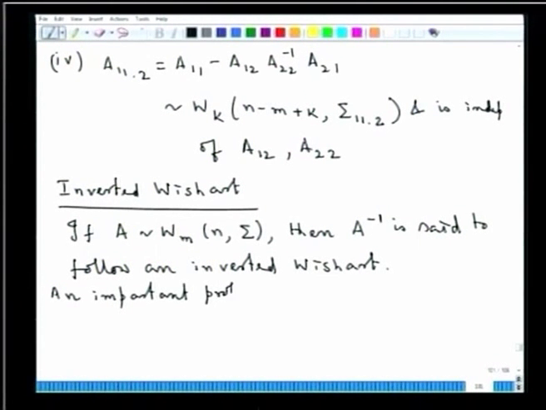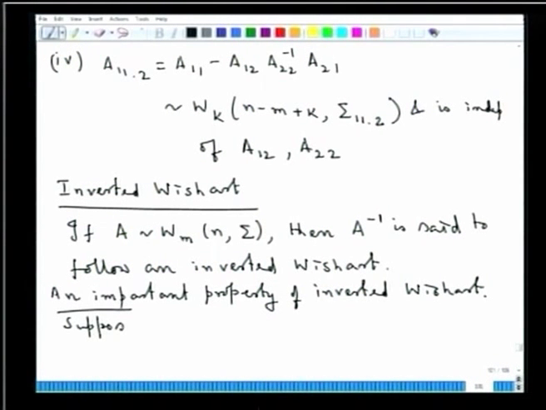Now an important property of the inverted Wishart is the following. Let me write it completely.